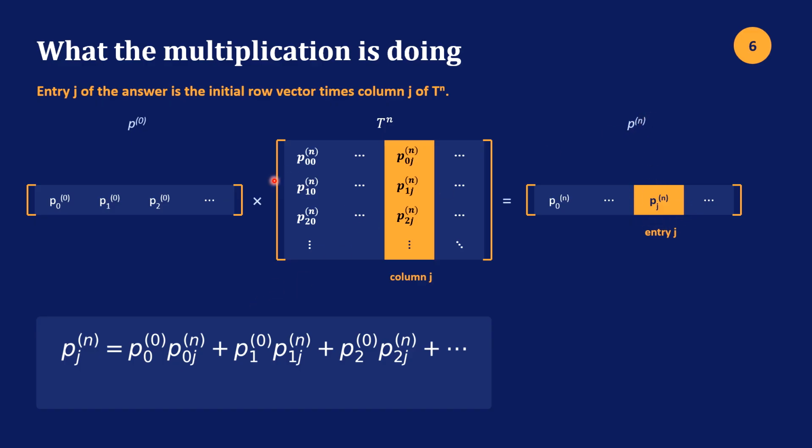If you look at the details of this, it's the probability you start in state 0 and then go to state j at step n, plus the probability you start in state 1 and go from state 1 into state j at step n, plus the probability you start in state 2 and go from state 2 to state j at step n.